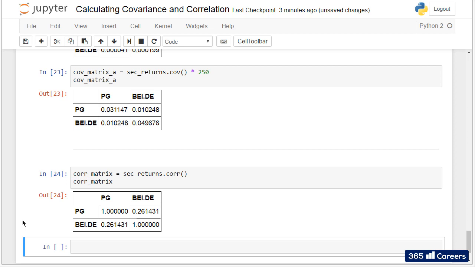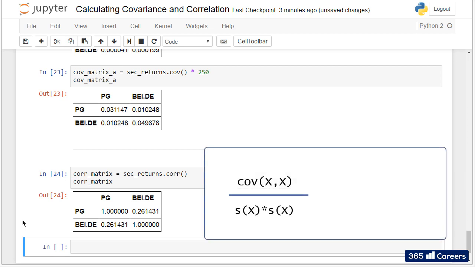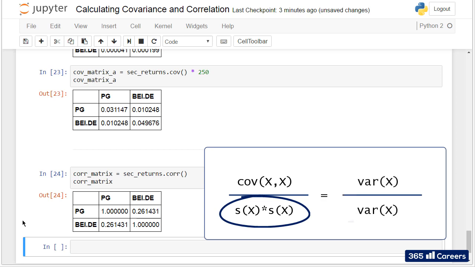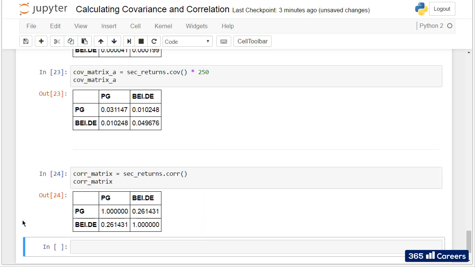And it makes sense that the movement of a stock is perfectly correlated with itself, right? Here's the correlation formula. The product of the standard deviation of x and the standard deviation of x is the variance of x. Remember that. As was the case with the covariance matrix, the other two cells in the correlation table contain the same number. They tell us the stock returns of the two companies are weakly correlated.